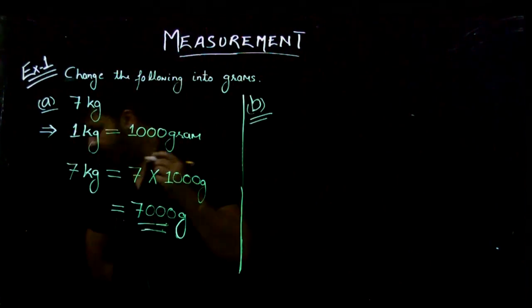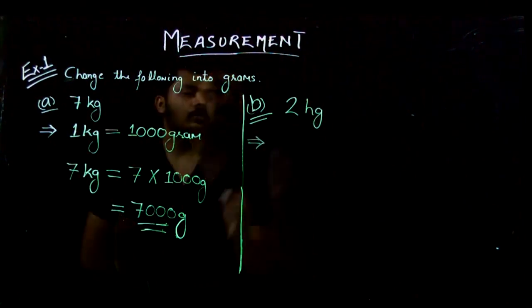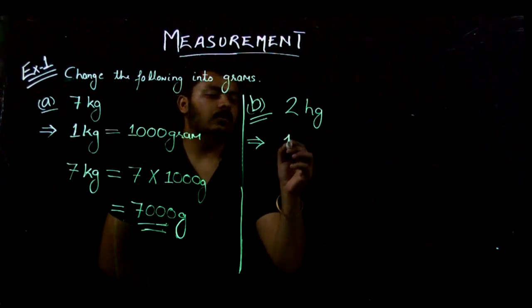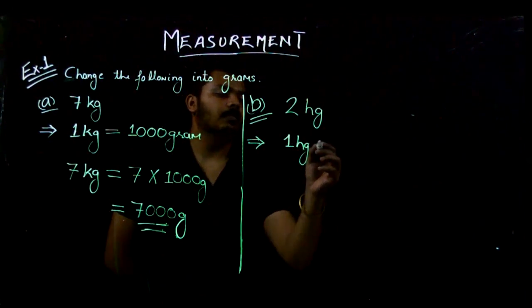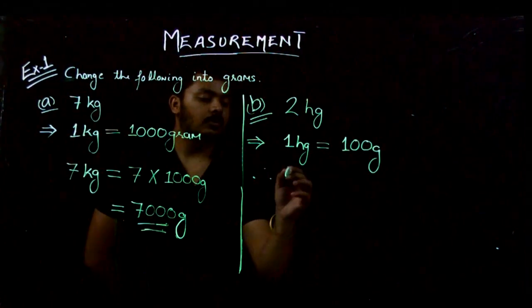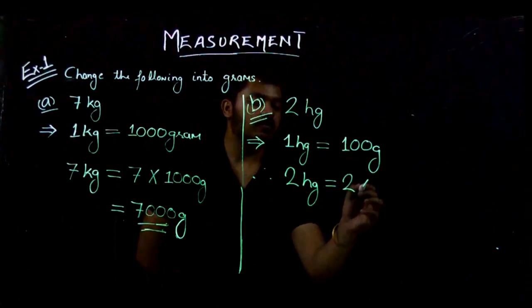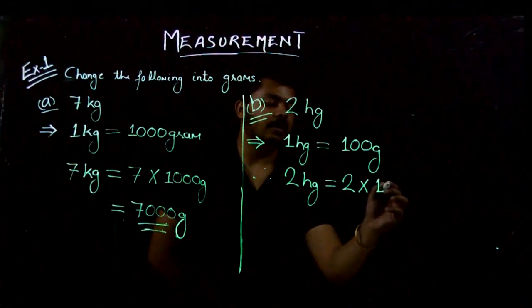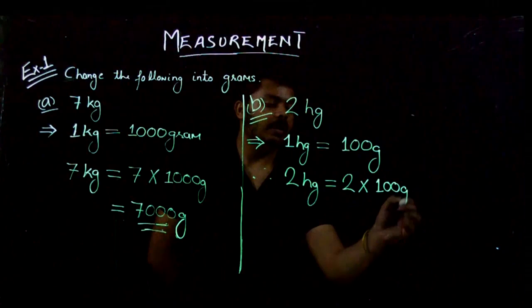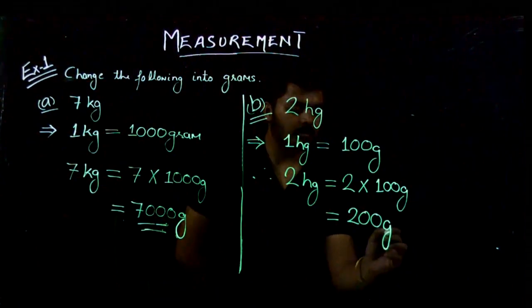Similarly, part B is 2 hectogram. As we know, 1 hectogram is equal to 100 grams. Therefore, 2 hectogram will be equal to 2 multiplied by 100 gram, which is equal to 200 gram.